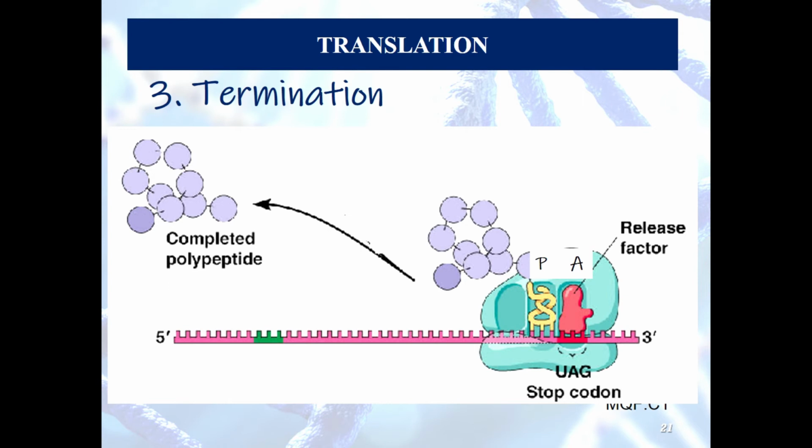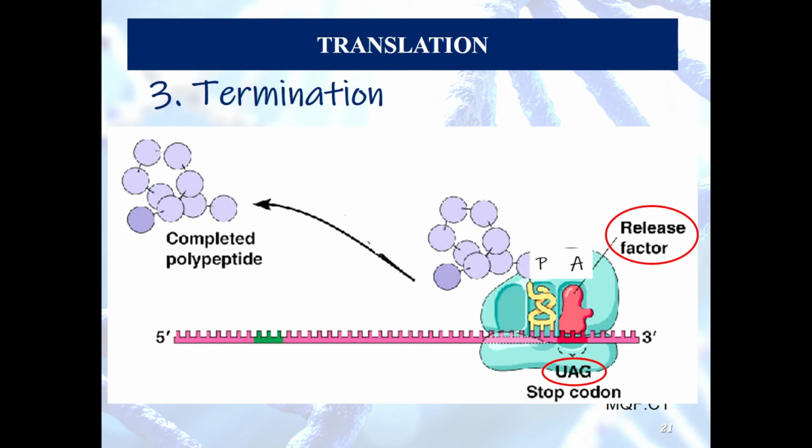The final stage of translation is termination, when a stop codon, which is UAG, UAA, or UGA, in the mRNA reaches the A site. A release factor, which is a protein shaped like an amino acid tRNA, binds directly to the stop codon in the A site.